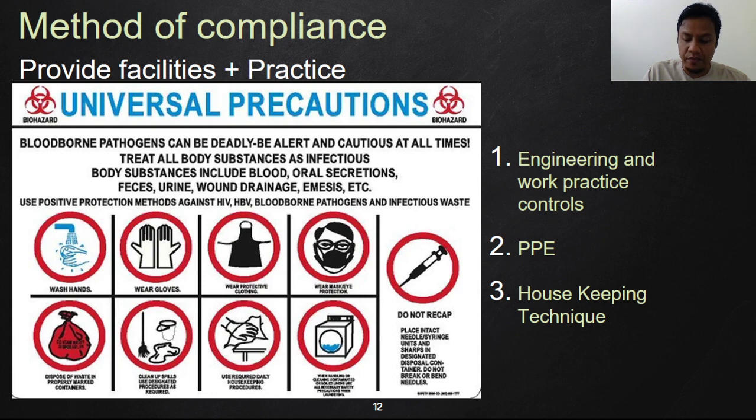Eating, drinking, smoking, and applying cosmetics must be barred in special areas, especially the area for performing the test. Minimize splashing. Labeling and contaminated areas must always be alarming to the staff.